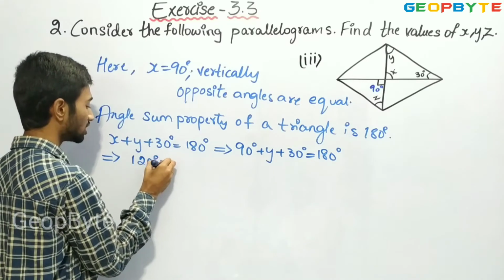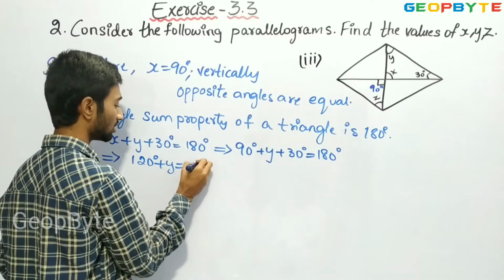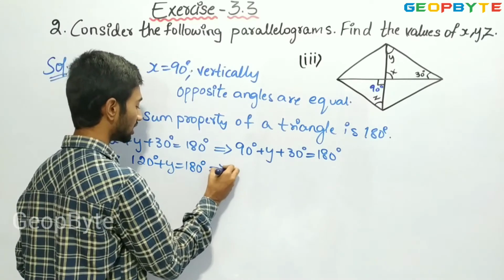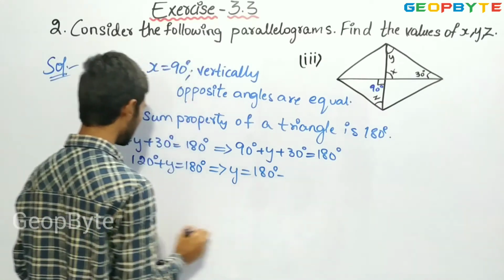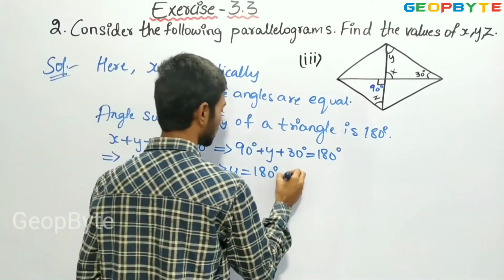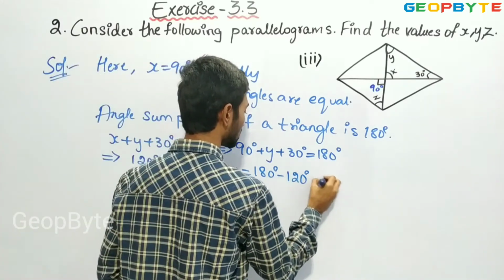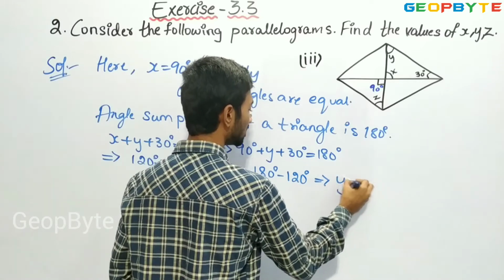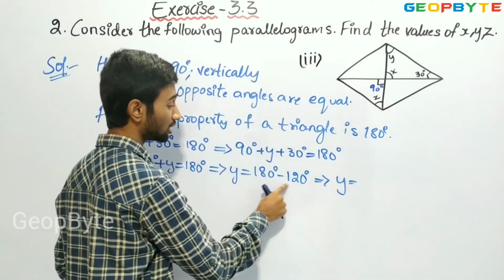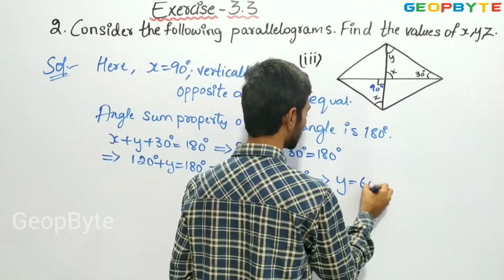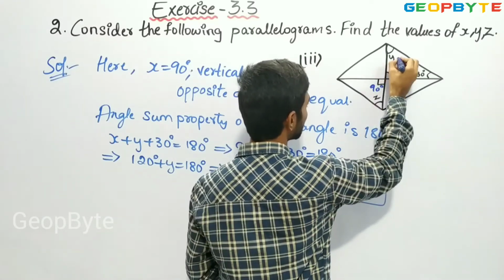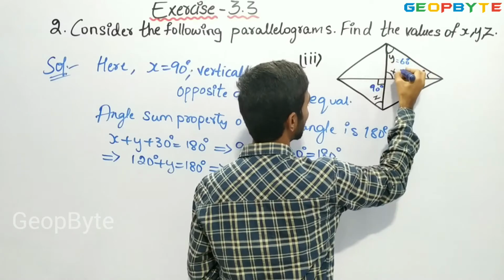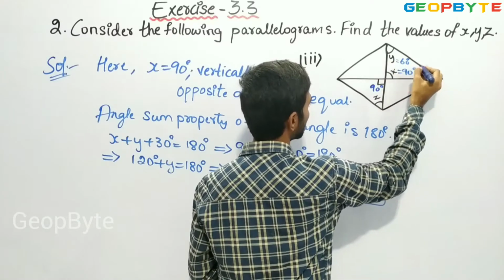So 120 degrees plus y equal to 180 degrees. That implies y equal to 180 degrees minus 120 degrees, which is equal to 60 degrees. So we got y equal to 60 degrees and x equal to 90 degrees.